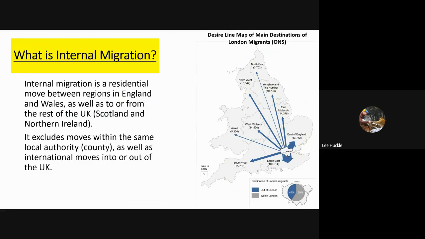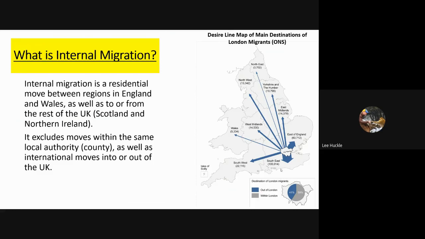The arrows are leading out from London, and they're leading to different parts of the United Kingdom. In this case, it's England and Wales only. And the thickness of the arrow gives a visual indication as to the number of internal migrants moving out of London to certain regions of England and Wales.